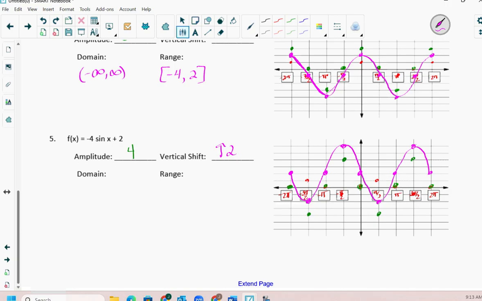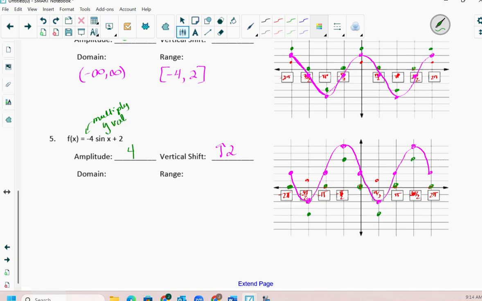All right, guys, let's take a look at number 5 here. I know it's tricky. Asking you the amplitude and what you actually do on the graph sometimes don't match. Okay, amplitude has to be positive because it's the absolute value. But on your graph, you are actually multiplying y values by -4. Make yourself a note if you need to.